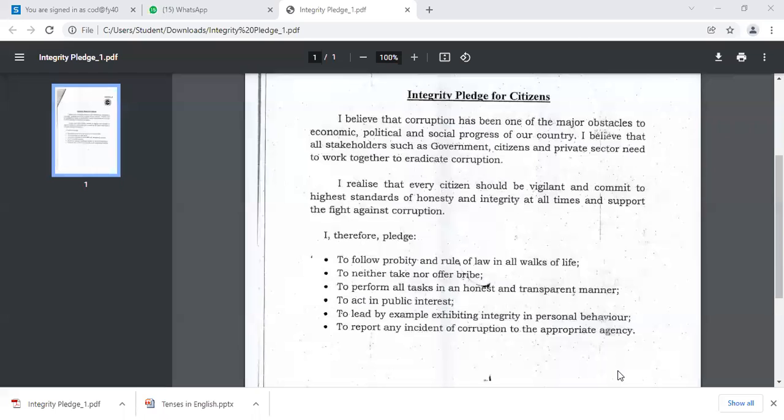So this is the integrity pledge for citizens.